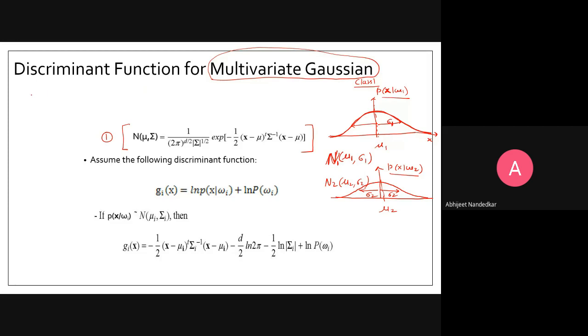Okay, when your input x is one dimension, you have a simplified version of this formula, right? You have a very simple formula, that is 1 by root of 2 pi.